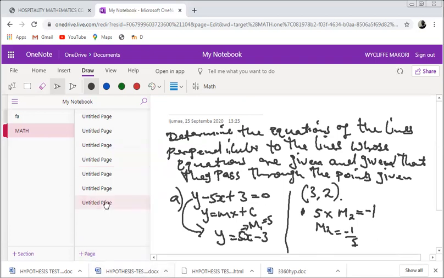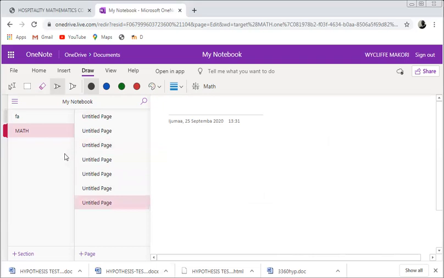So I want you to come here and try this, whereby you are given the equation y is equal to 8 minus 7x, and then the other line passes through (-3, -4). You determine the equation of this line that is perpendicular to this, and you can go ahead. Remember this one, you need to reorganize it to be in the form y is equal to mx plus c, so that is negative 7x plus 8. Now from there, you can proceed.